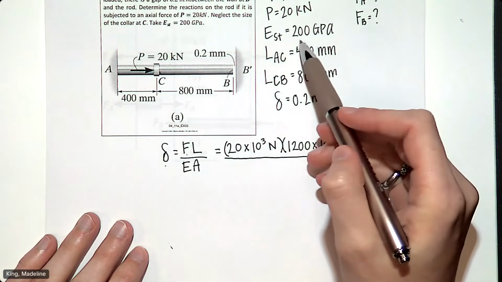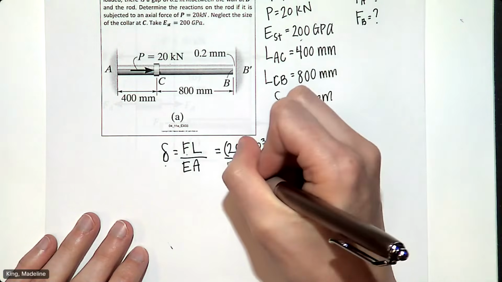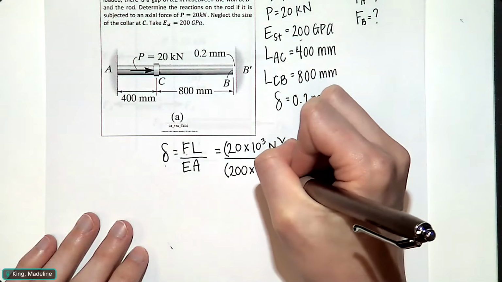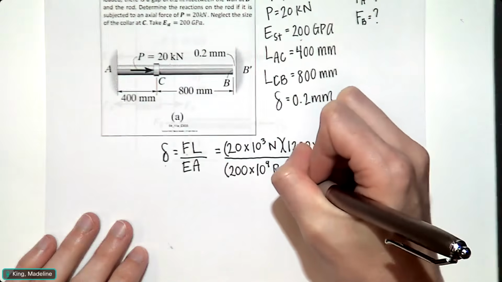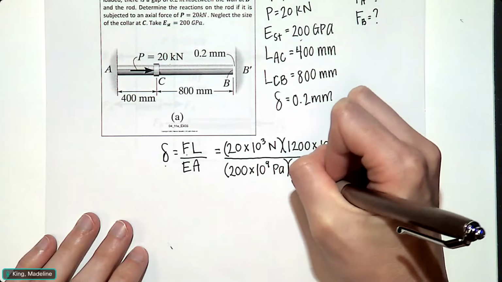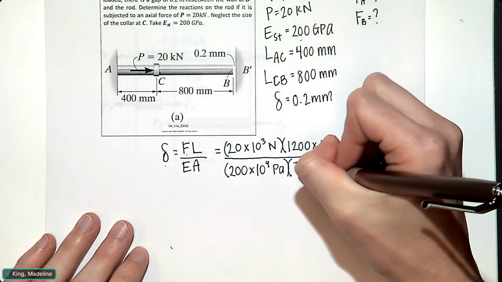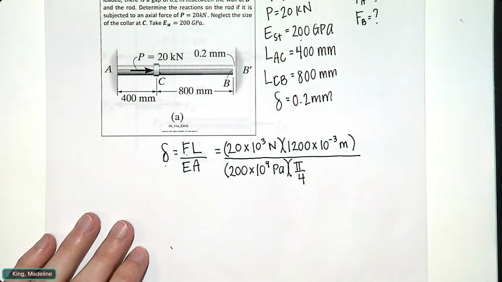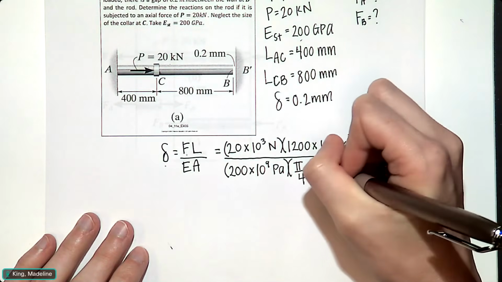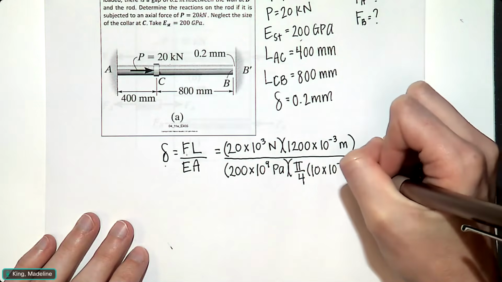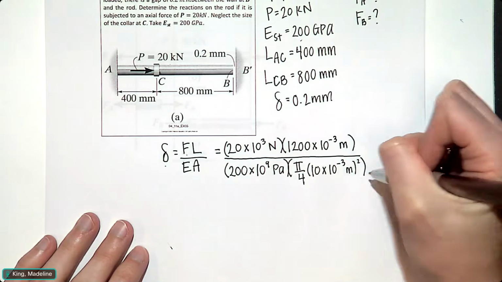Our Young's modulus is 200 giga, so that's 200 times 10 to the ninth pascals. And our area, like I said, we're going to be working with the circle. So it's pi over 4 times the diameter, which is 10 times 10 to the negative 3 meters, squared.